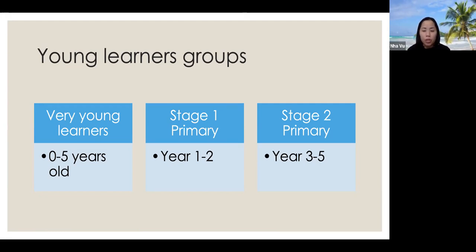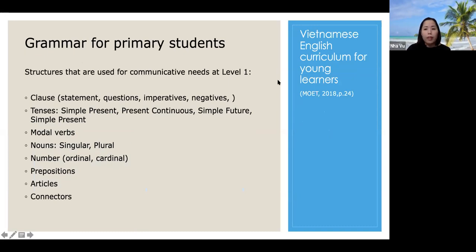But for stage two, primary year 3 to 5, the students here can be competent in reading and writing in their mother tongue, and start to learn how to write. So we have more freedom to introduce activities to them. When we look at the Vietnamese curriculum, they state these grammar points for the participants at this age.